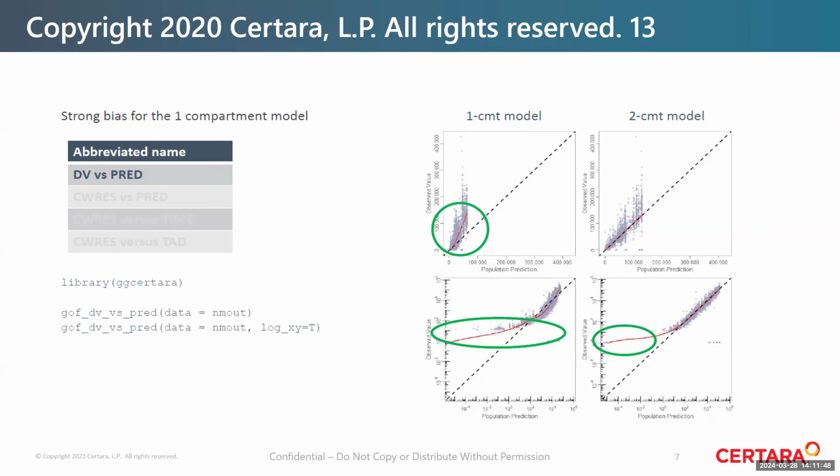But if you fit the same data in a two compartment model, the data now falls along the fitted line. So I think this was just to show us how one compartment model has strong bias compared to a two compartment model.